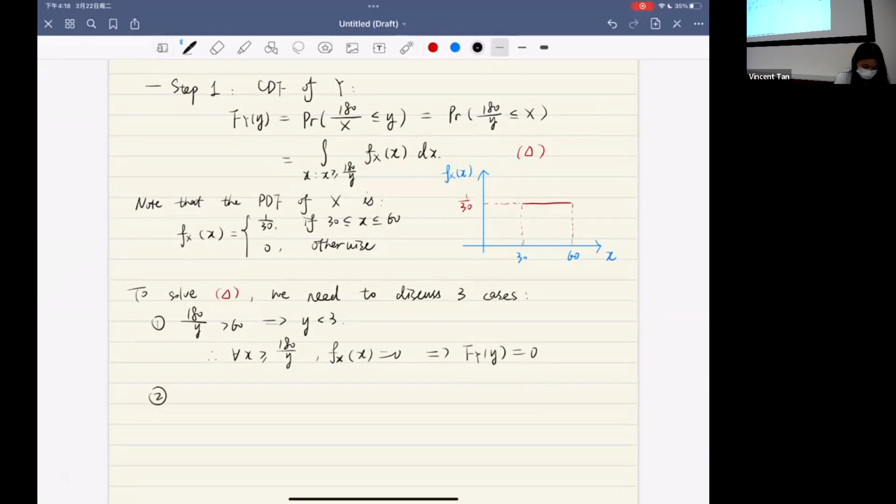Second case is when 180 over y is in between 30 and 60, which means y is in between 3 and 6.